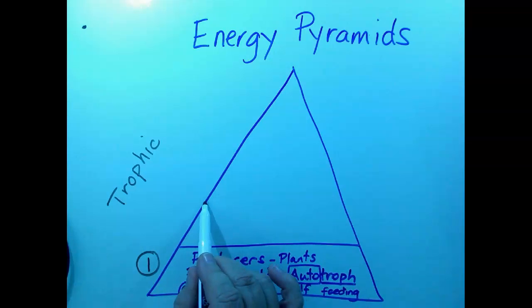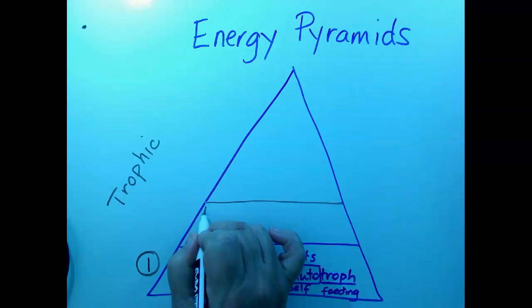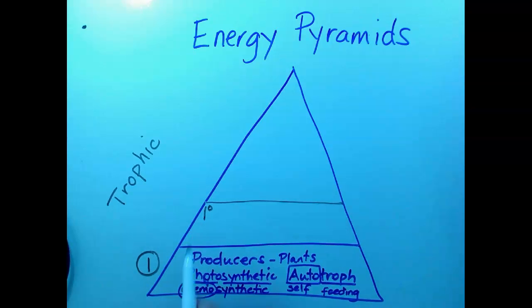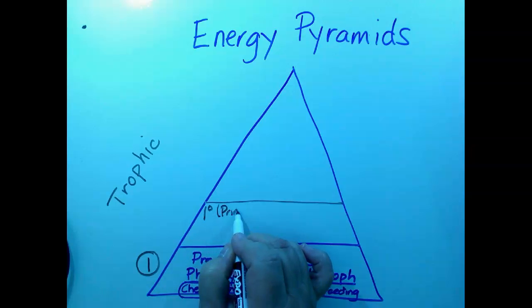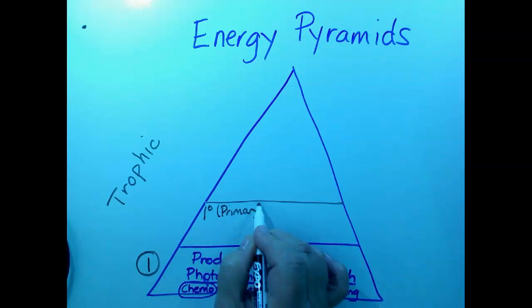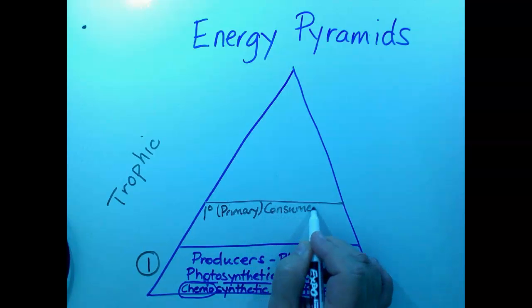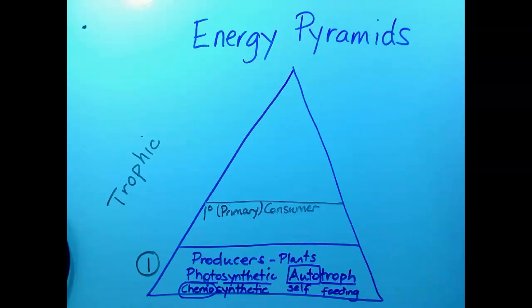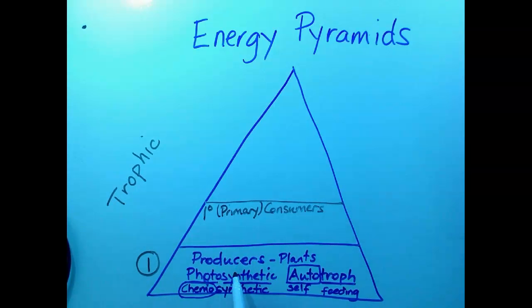Okay, the next level are the primary consumers. And I'm going to write one with a little degree sign. That's the short form for primary. So I'll write that primary consumers. And these are the guys that are actually eating something to get their energy. These guys get their energy by substances that they produce through photosynthesis.